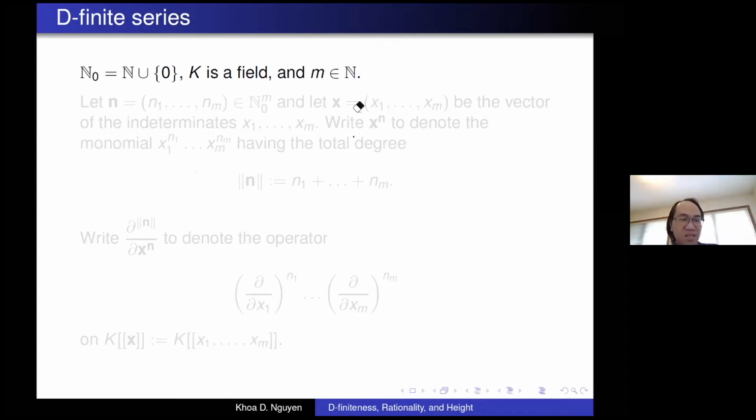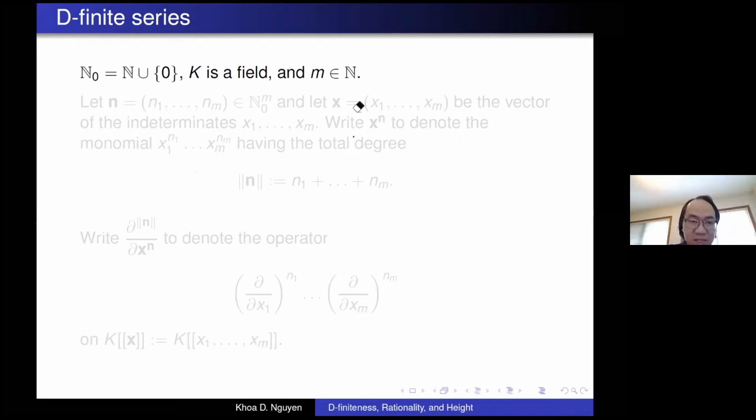Again, N naught is N together with 0, and N is the set of positive integers. K is a field for now, but later on we'll consider K to be Q bar. And m is a positive integer.